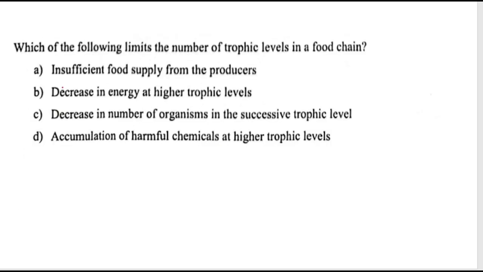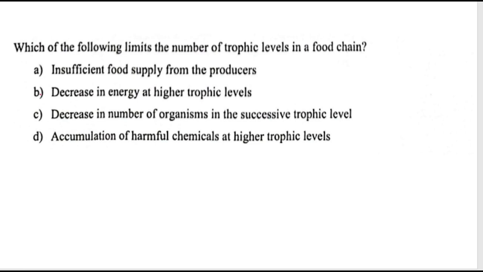Which of the following limits the number of trophic levels in a food chain? Insufficient food supply from the producer, decrease in energy at higher trophic levels, decrease in number of organisms in the successive trophic level, accumulation of harmful chemicals at a higher trophic level. Which one of the following limits the number of trophic levels?